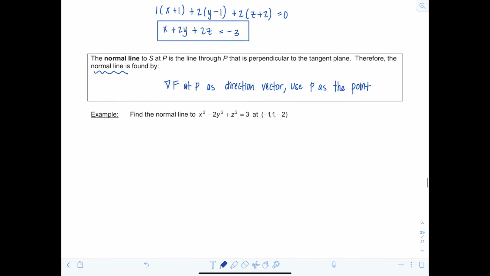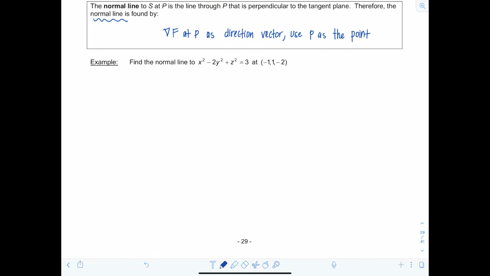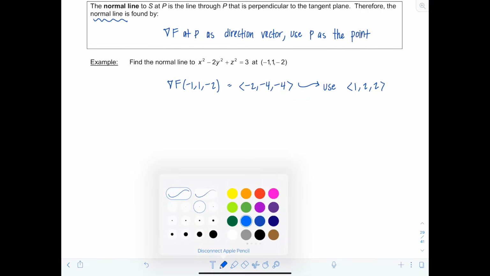So let's look at an example, pretty straightforward. Same surface as before. Now I want to write the equation of the normal line. Well, remember, we have the gradient of f at that point from earlier, and we found it to be -2, -4, -4. You could use that, or it's a lot nicer just to work with 1, 2, 2. And then I can go ahead and write the parametric equations for the normal line.